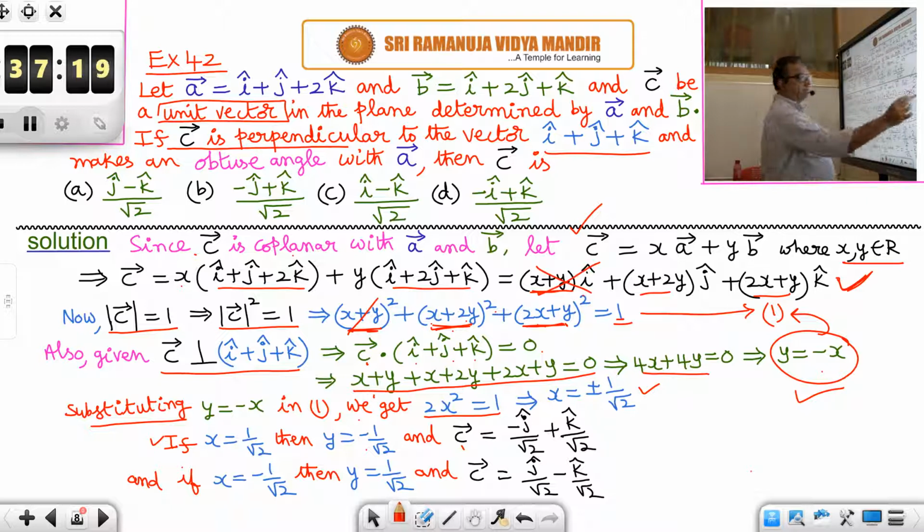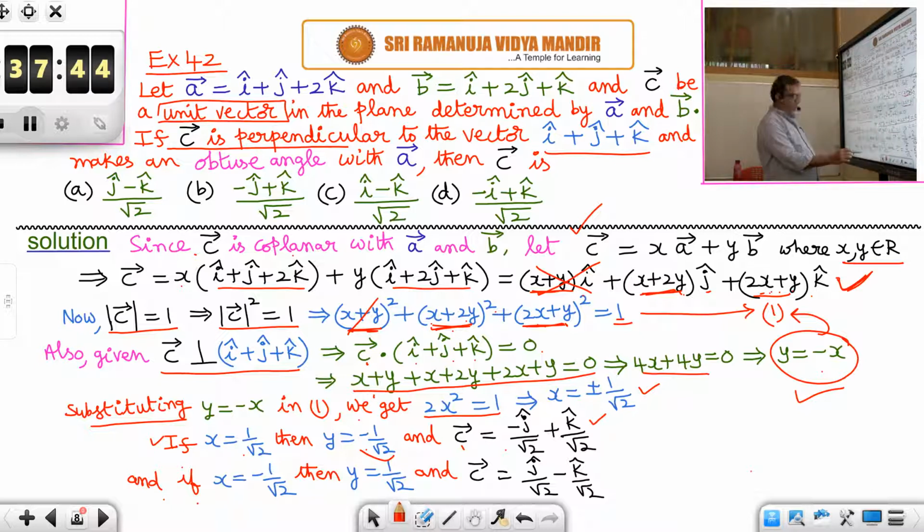So C bar is yj plus xk, which means minus 1 by root 2 into j plus 1 by root 2 into k. That is one possibility.